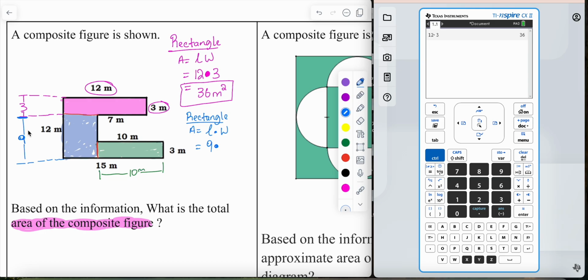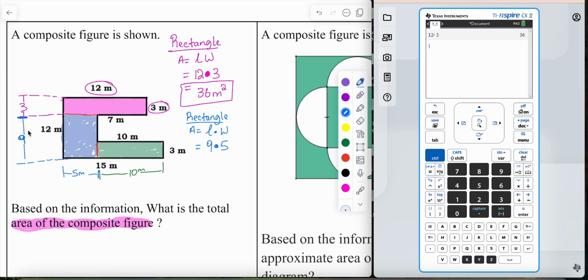So then it therefore means that from right here to right here would have to be 5 meters. So the 10 meters here and the 5 meters will give us that 15 meters. So the width of the blue is going to be 5 meters.